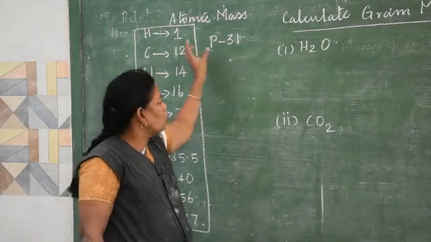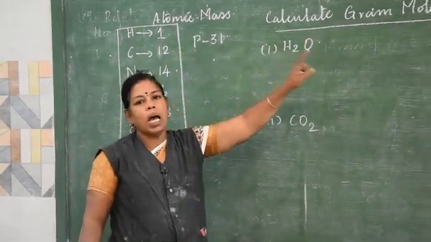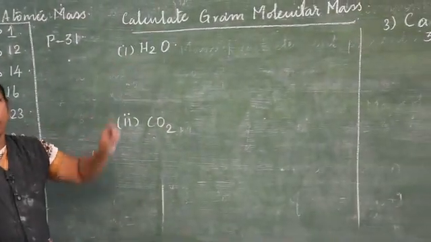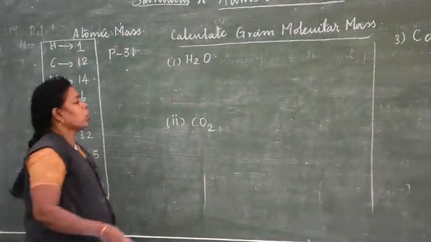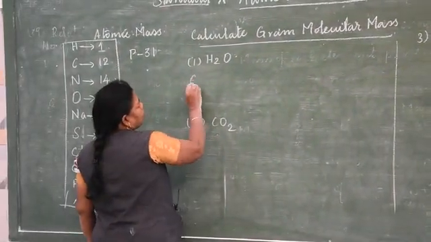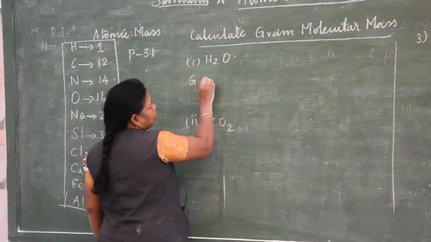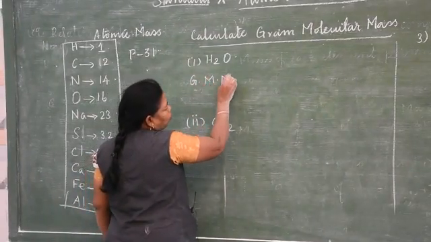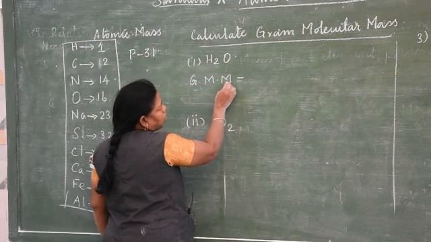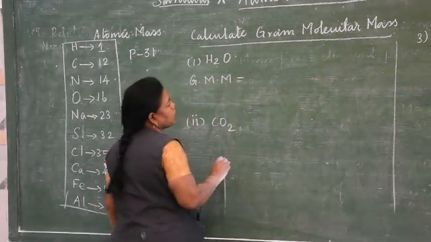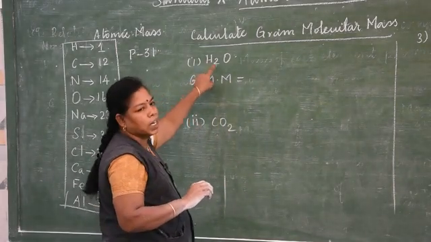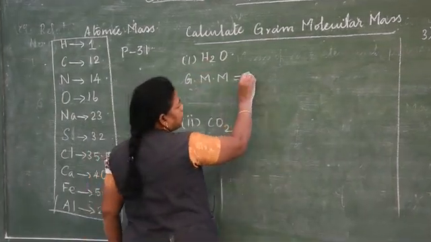Then by using this, how to calculate the gram molecular mass of a compound. So now I am going to find out the gram molecular mass of water. First we have to find out how many hydrogen atoms are there. 2 hydrogen atoms.